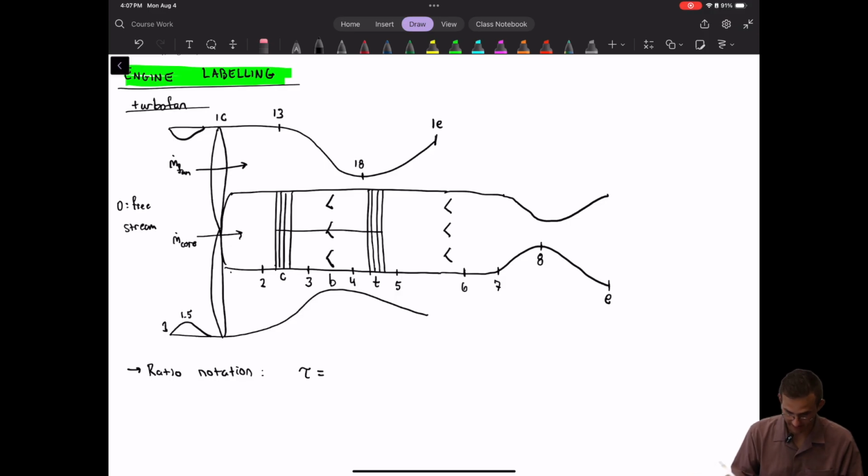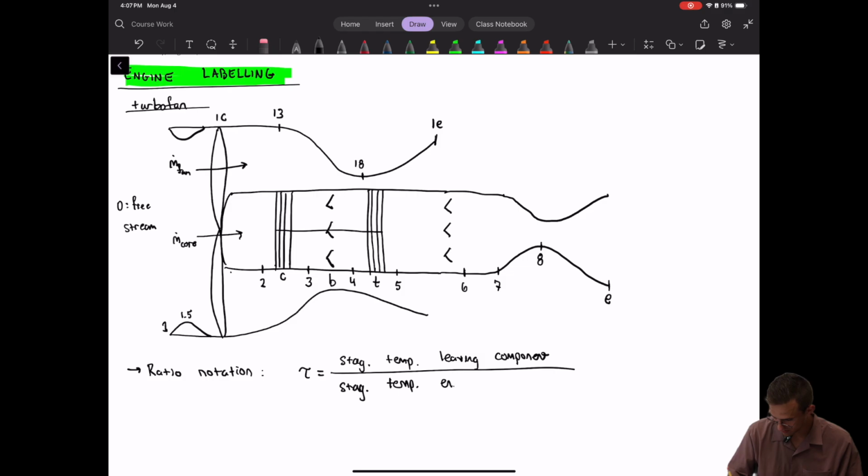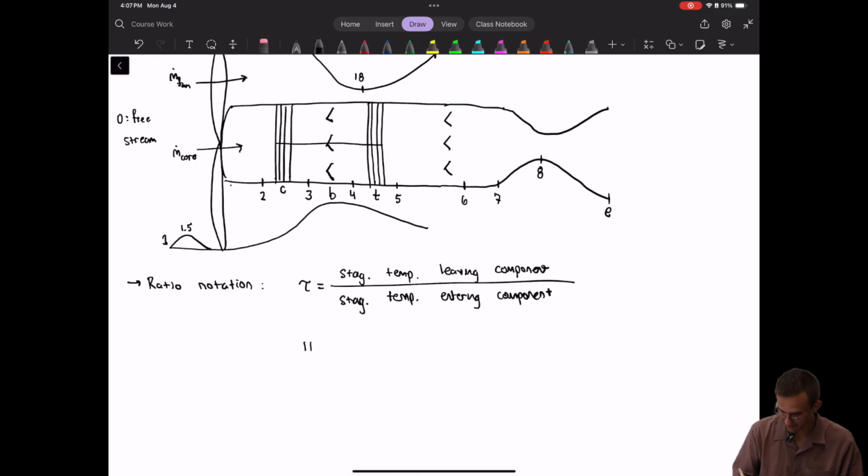What the ratios are defined as is tau, the ratio of the stagnation temperature leaving a component to the stagnation temperature entering the component. And then pi is the same thing, but with stagnation pressure.